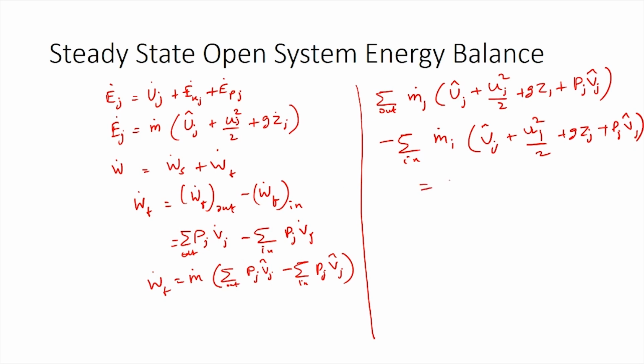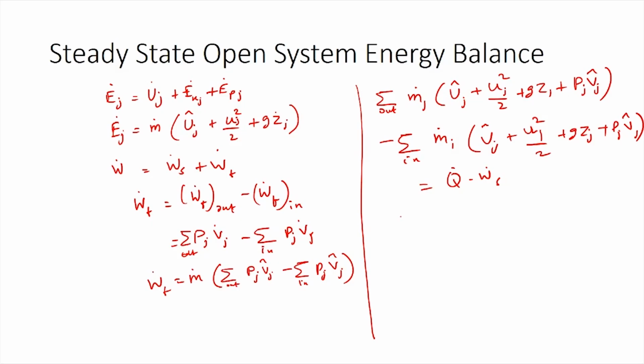This would be equal to Q dot minus Ws dot. So, what I have done here is split the work into shaft work and flow work and taken the term for the flow work to the left side of the equation which we had used.